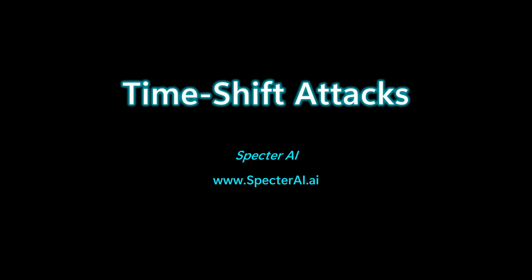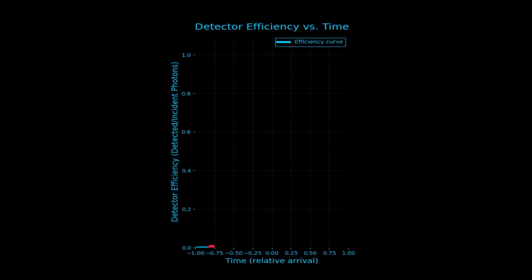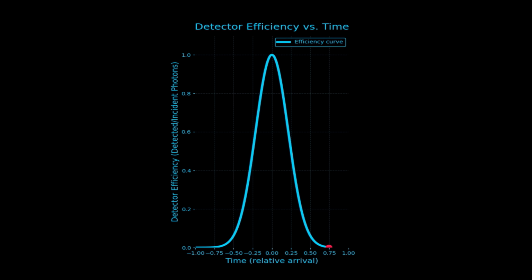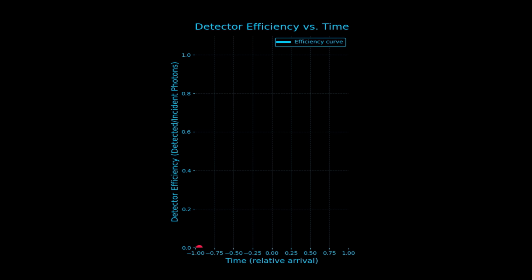Let's break down the time shift attack. The graph you're seeing now shows the detector efficiency curve as a function of arrival time. The vertical axis represents detector efficiency, defined as the fraction of incident photons that are successfully detected. In other words, this is the ratio of detected photons to the total number of photons that arrive at the detector.